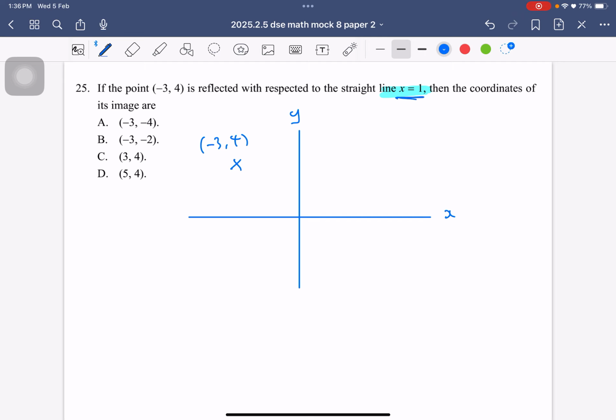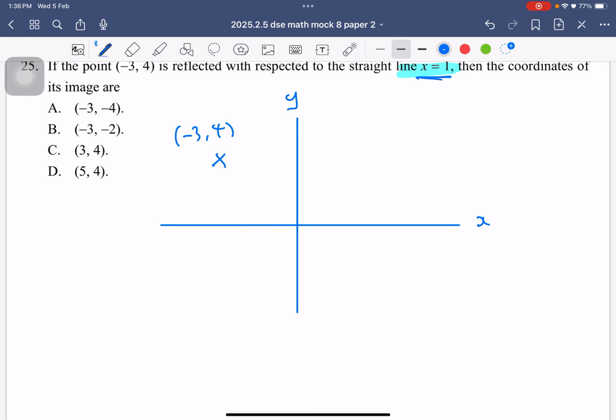But the only thing to know is the x coordinate is always 1. The x coordinate is forever 1. So it's going to be here, here, here. So this is the straight line, x equal to 1.